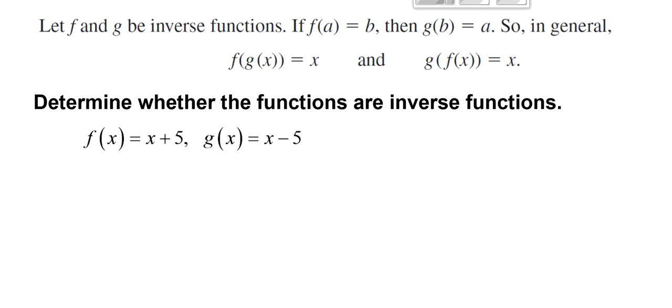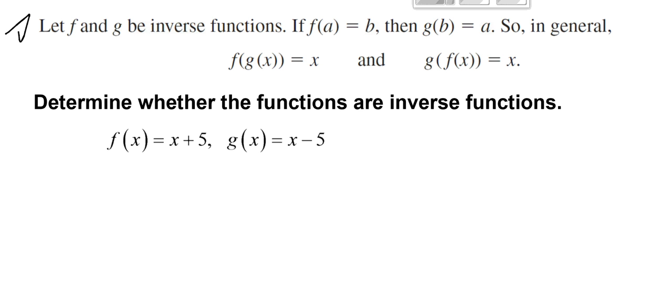Our last example is this: if somebody gives you a function f of x, and they say, is g of x the inverse of that function? How do we determine that? This theorem is important to know: if you take the inverse function and make it the argument, you get x out.